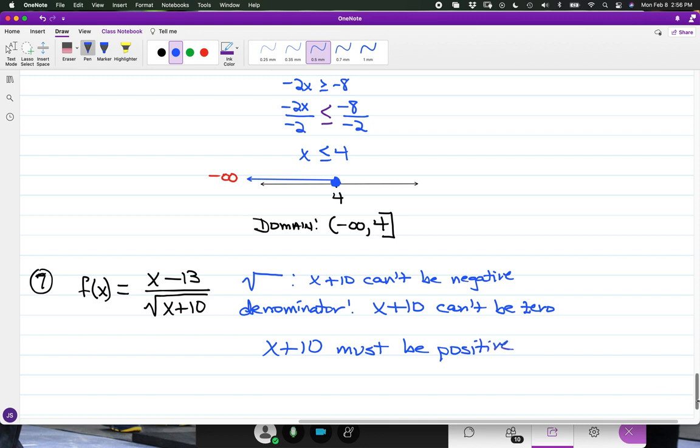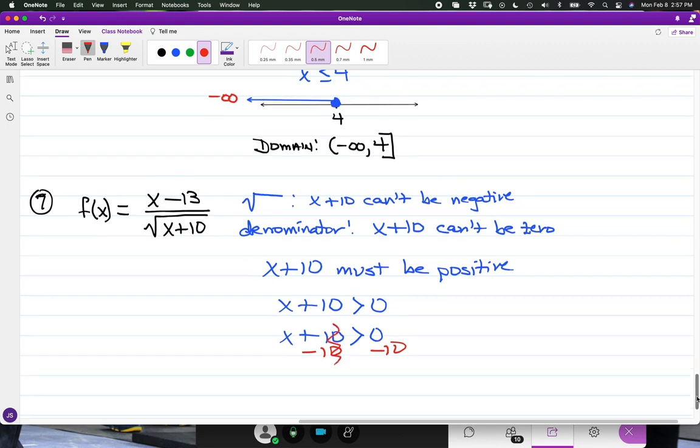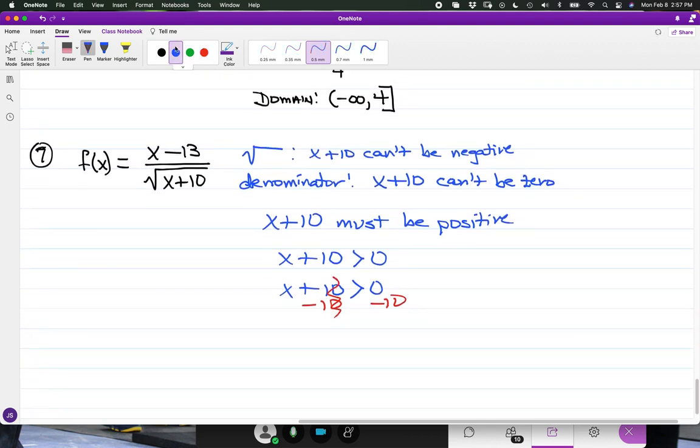And the inequality referencing x plus 10: if the sum has to be positive, then x plus 10 must be greater than 0. And looking at isolating x, if we take 10 away from both sides, we're going to have x is greater than negative 10.